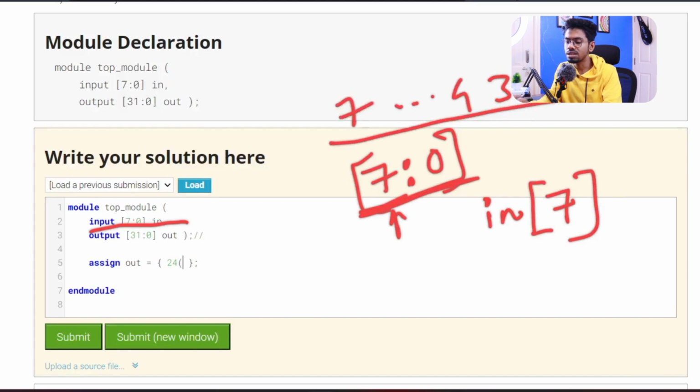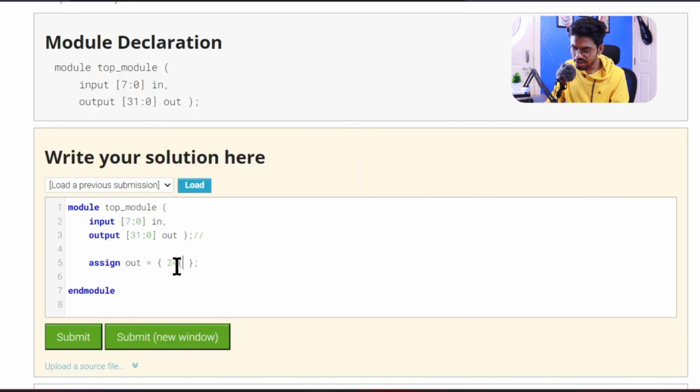So this leftmost bit will give me the sign. That's why I need to replicate this bit 24 times. So here I will write in, then 7, then braces close, and then comma.